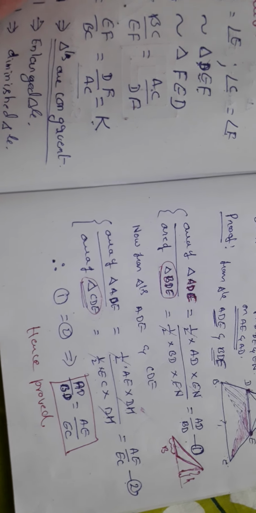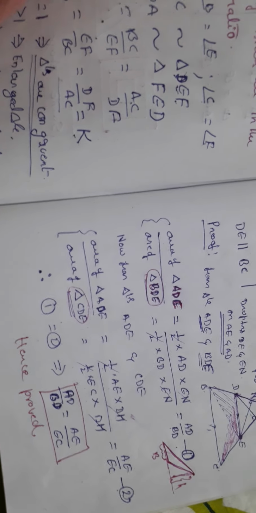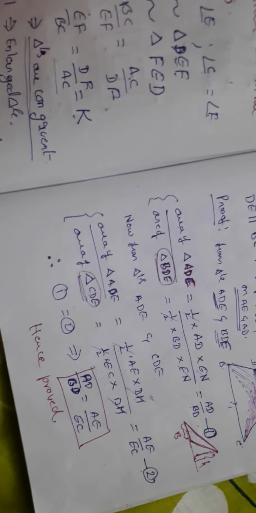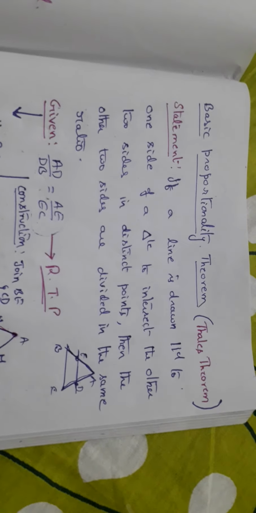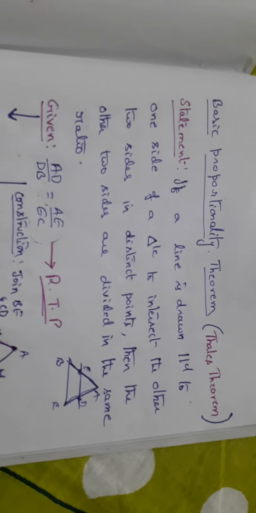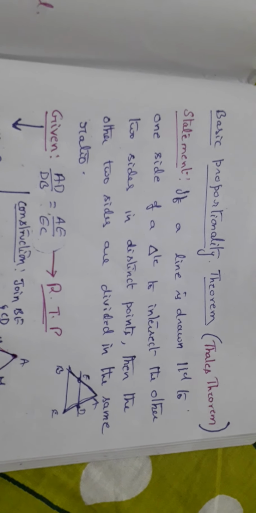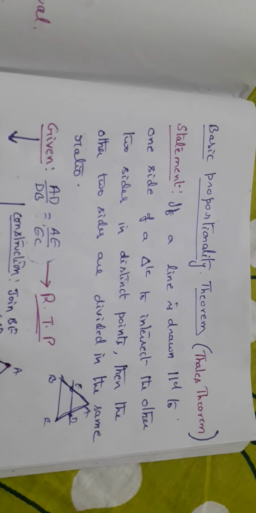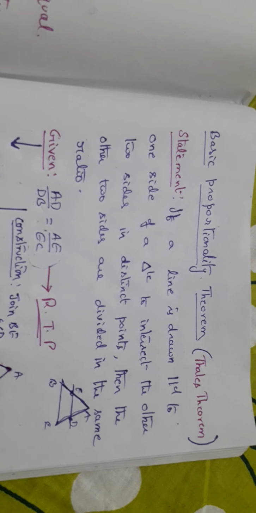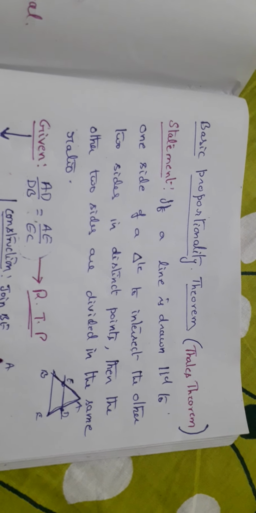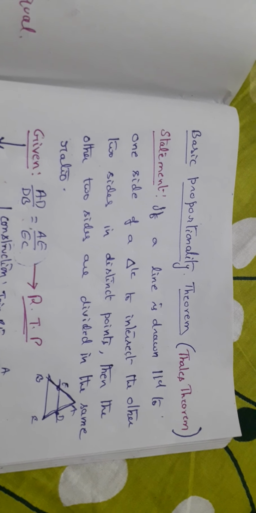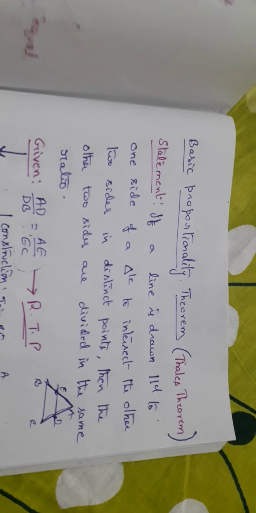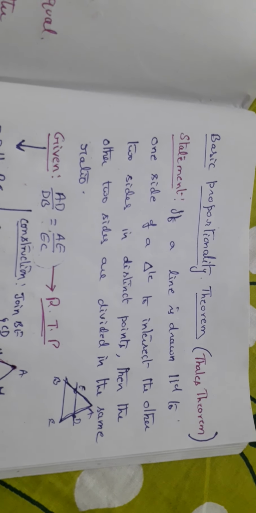Okay, children, take a screenshot so that you can copy the notes. The statement part first. It is also called Thales theorem. Whenever you draw a line parallel to one of the sides of a triangle, in a manner that it touches the other two sides at two different points, then that line divides the sides in such a manner that the ratio of division of both the sides is the same.